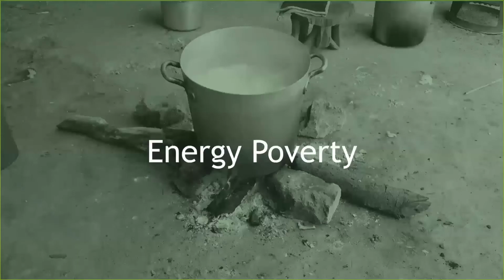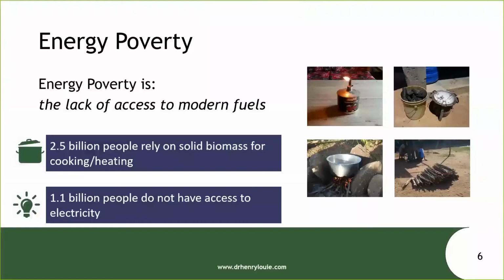Okay, so to get us grounded here, let me first introduce the topic of energy poverty. If you're on this webinar, you probably have some familiarity with this topic, but it's helpful to ground us all in the same place. An easy definition of energy poverty is the lack of access to modern fuels.